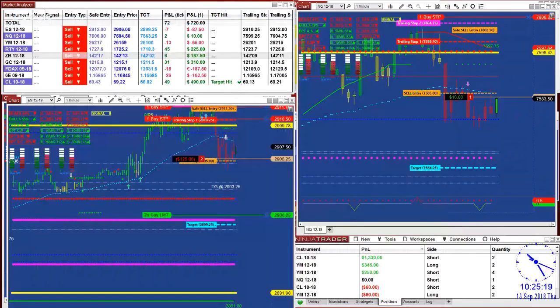So we'll see how things are gonna roll. The market is just dying on us a little bit, so we will take it as we go.